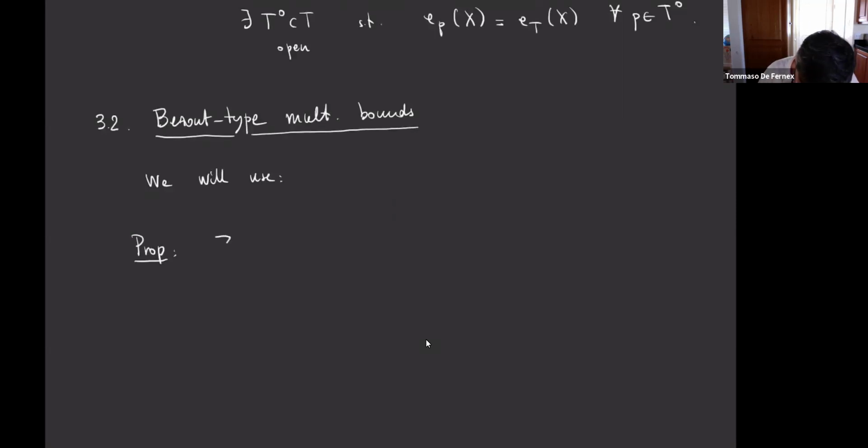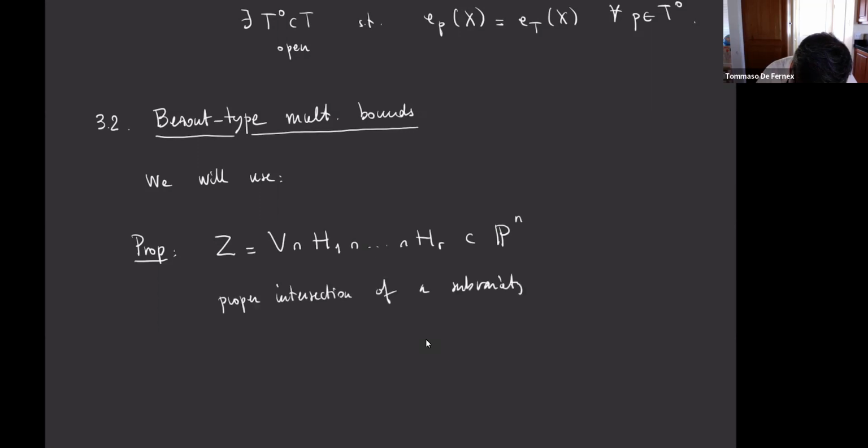Suppose I have Z to be the intersection, a proper intersection, of a subvariety V inside the projective space P^n and r hypersurfaces H_i in the projective space.